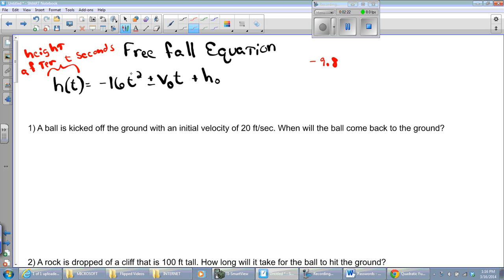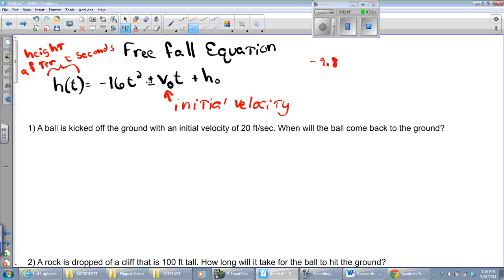T is obviously time. T is time again here. That's the time squared. That's normal time. V sub o just means initial velocity. You might want to call it speed, starting speed. Now, the velocity indicates direction as well.